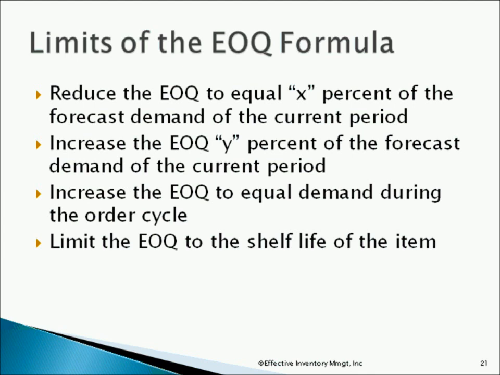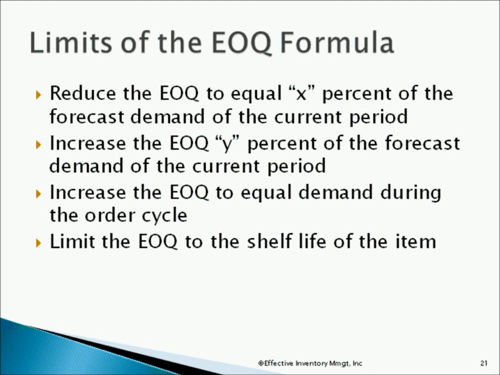So we're going to put an upper limit in terms of days supply. Notice I'm using days supply again on the EOQ. You also might have a very fast-moving, high-cost item. So high cost, in fact, so fast-moving that the EOQ suggests you bring in less than a day's supply. Well, you might not find it practical to bring in less than a day's supply of inventory.